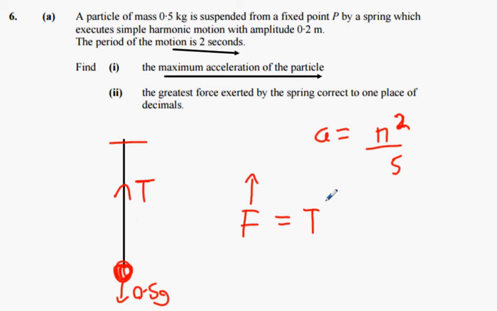Tension goes upwards and it's weighed down by weight. Your force, therefore, is the mass of your object, which is 0.5 kilograms, times the acceleration. Positive or negative? Positive pi squared over 5 or negative pi squared over 5? Positive pi squared over 5.